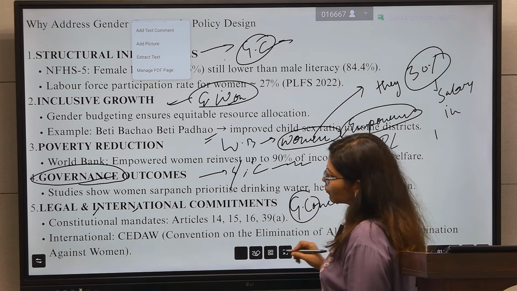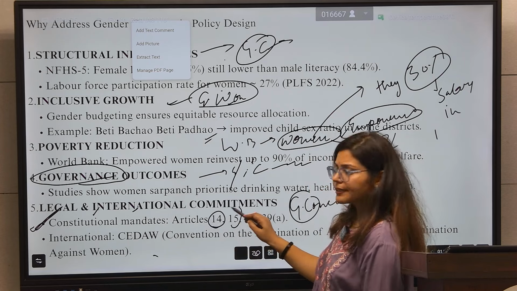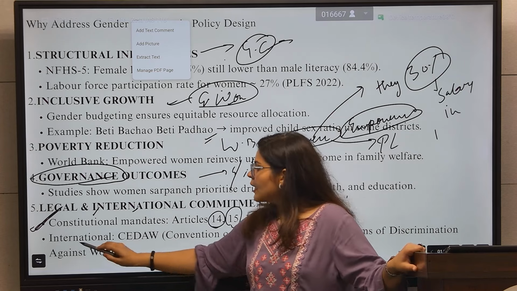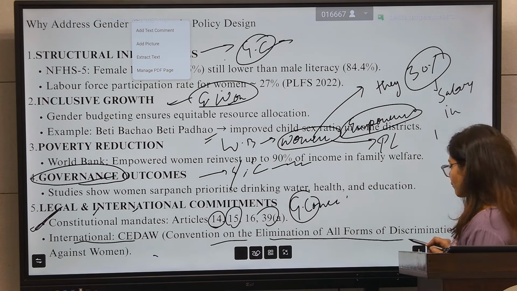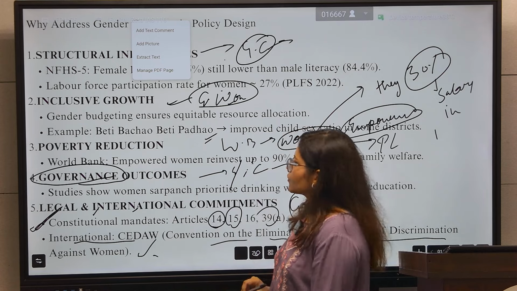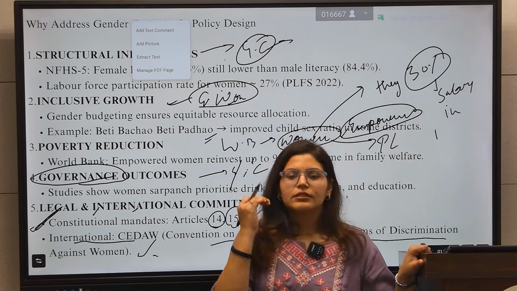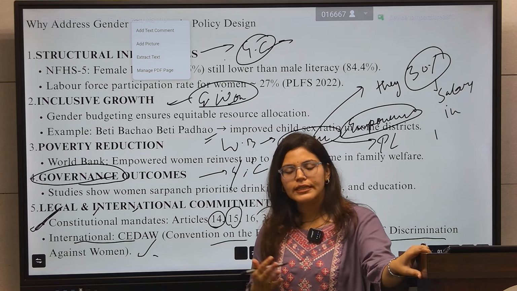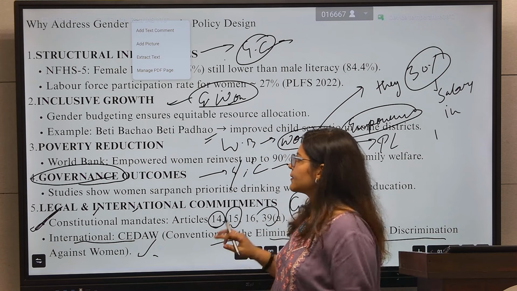First is the constitutional mandate, that is Article 14, Article 15, Article 16, Article 39A, and internationally, the Convention on the Elimination of All Forms of Discrimination against Women. So in this way you have to write 5 to 6 points. Think on this line at the individual level, then the societal level, and then the national level. So easily you get points on this.